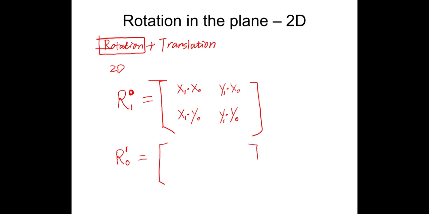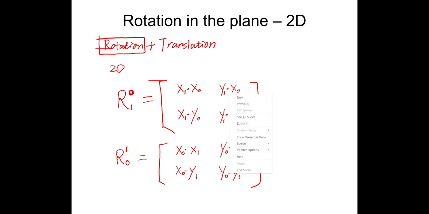If we want to write the rotation matrix of that, 1 is the reference, so I have x1, y1, because this is the base, so I write it first. x1, y1, x1, y1. And then R0 projected to 1, so here I have x0 projected to 1 and y0, y0. So that is the dot product.